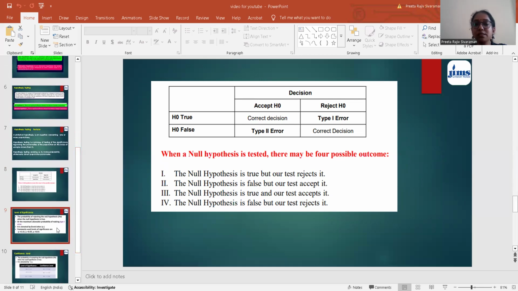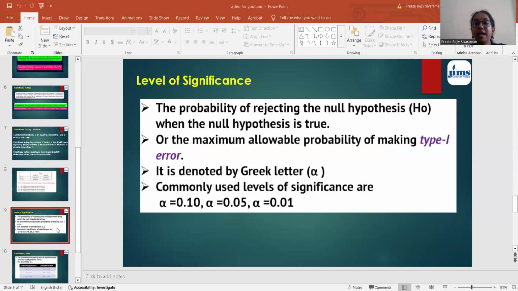Now coming to the next basic topic, the level of significance. The level of significance is the probability of rejecting the null hypothesis when the null hypothesis is true. That is the maximum allowable probability of making a type 1 error. And it is denoted by the Greek letter alpha. The commonly used levels of significance are 10%, 5%, and 1%.